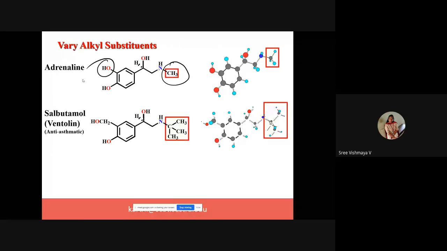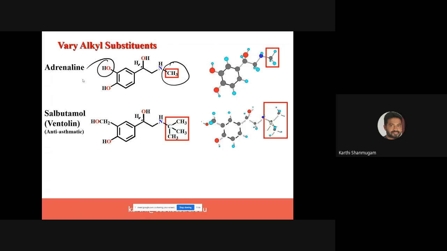Yes, sir. Any other difference anywhere in the structures of adrenaline and salbutamol? You cannot find, am I right? No, sir. Okay. So now, what is the difference between these two groups? Can we say this is a varying alkyl substituent?